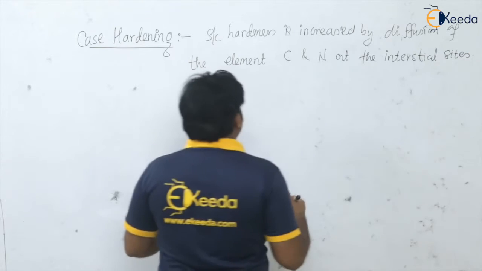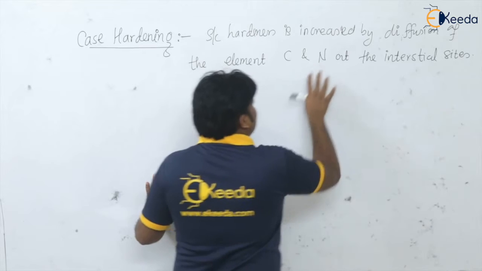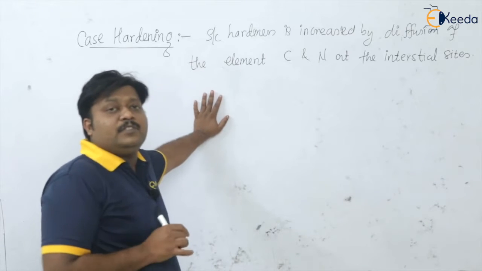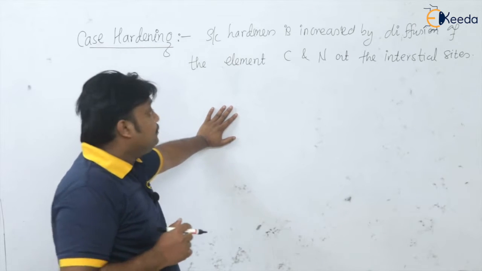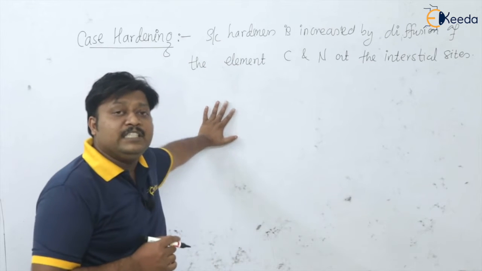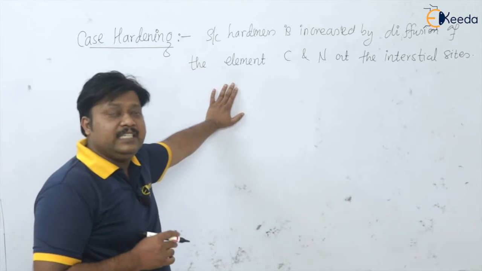By diffusing the interstitial elements like carbon and nitrogen onto the surface of the component, we are going to increase the hardness, which is known as the case hardening process, isn't it?